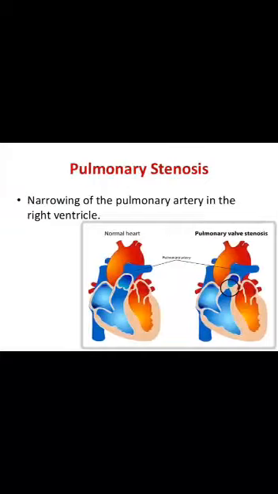In pulmonary stenosis there is narrowing at the pulmonary artery junction, that is, narrowing of the pulmonary valve and main pulmonary artery.